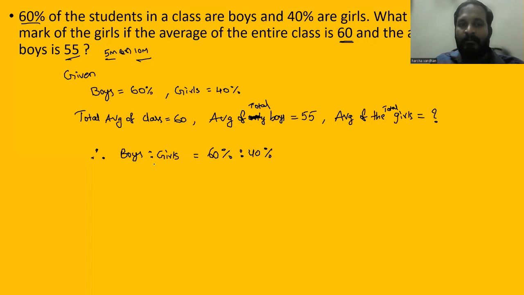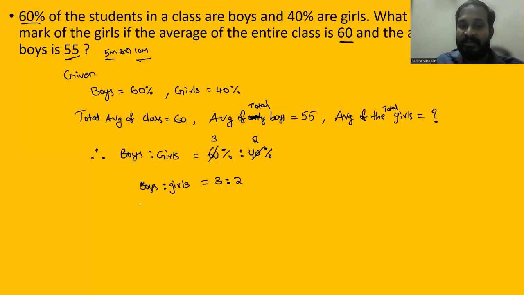So what does it become now? 3 is to 2. 23s are 22s are 3 is to 2. So now the boys and girls are in what ratio? Boys is to girls is equal to 3 is to 2.